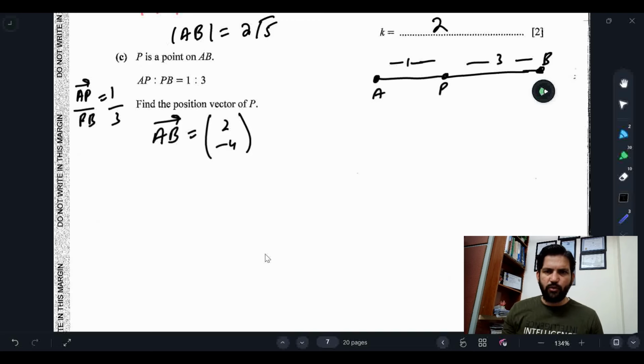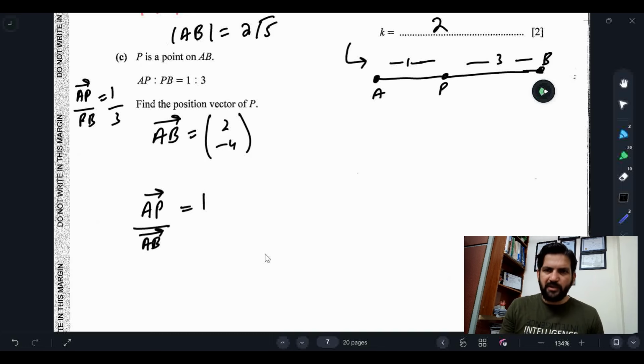Now we know the value of AB. So my question to all of you is, what will be AP, vector AP? If AP is 1, what will be the value of AB?